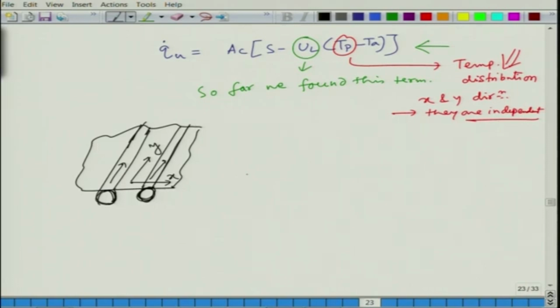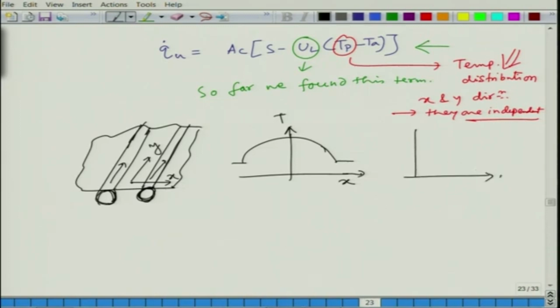Okay. So, we have also seen that the temperature distribution will be somewhat like this for fixed y, and somewhat like this for fixed x. Okay. This we have seen earlier. Now, let us look at this particular figure, the x direction temperature dependence, in more detail.